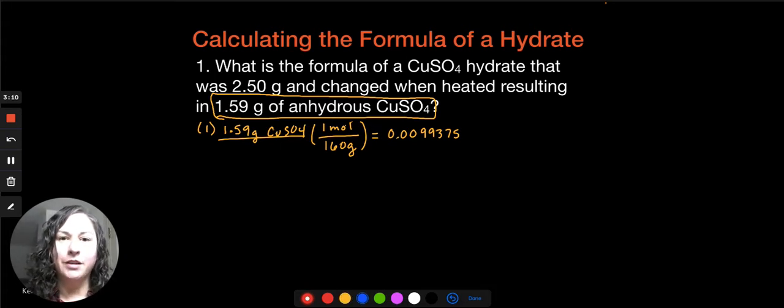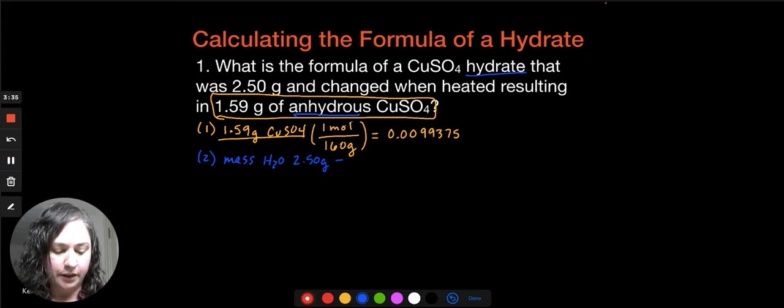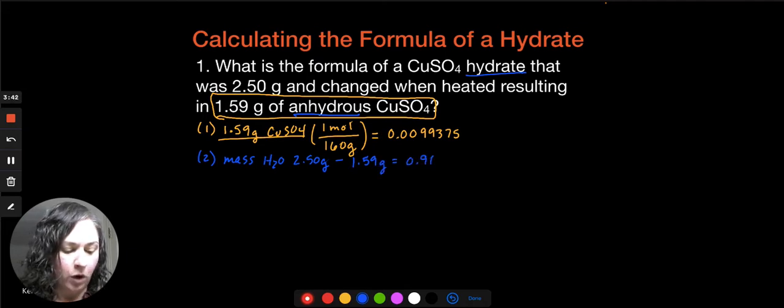And then we're going to do the same thing for water, but the problem is we don't have the mass of water directly. So if we find the difference between the hydrate and the anhydrous, we will get water. And so for step 2, we actually have to find water first. So 2, we need to know the mass of water, mass of H2O. And so we're going to take 2.5 minus 1.59, so 2.50 grams minus the 1.59 grams, and that gives us 0.91 grams of water.